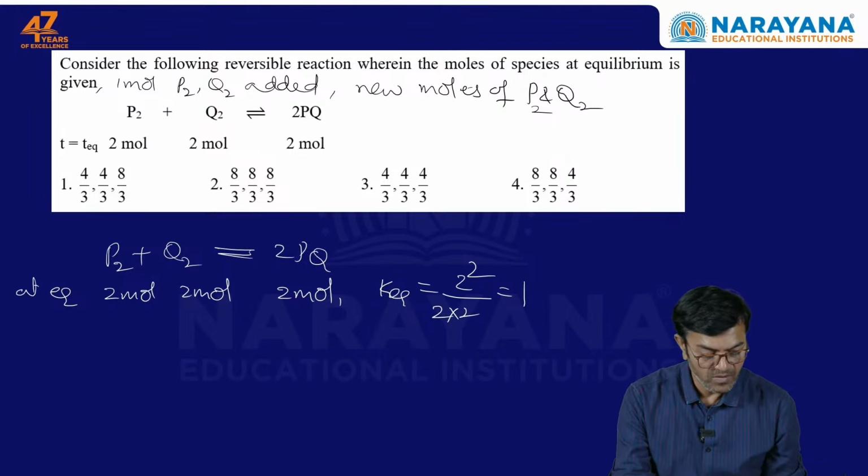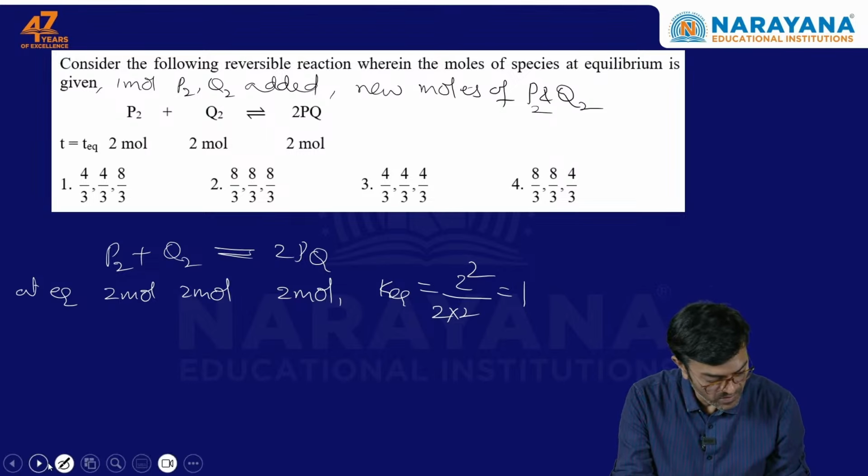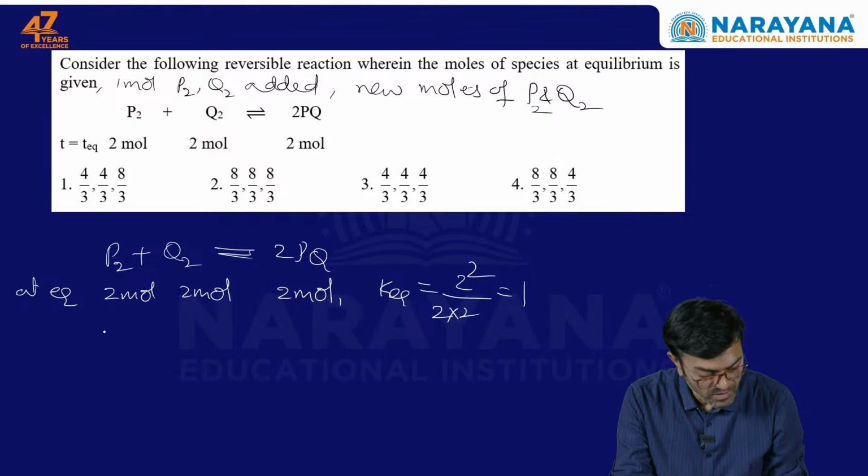So when you add 1 mole each of P2 and Q2, it becomes 2 plus 1, 3, and 3, and PQ will be 2 only.